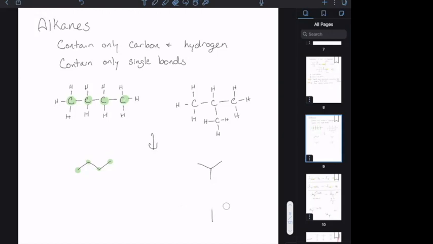So do angles matter when we draw these bond lines? I mean, yes and no. I will be pretty forgiving about it, but it would look very weird. If you show it to another chemist, they'd be like, why did you draw it like that? The default is to be zigzaggy.